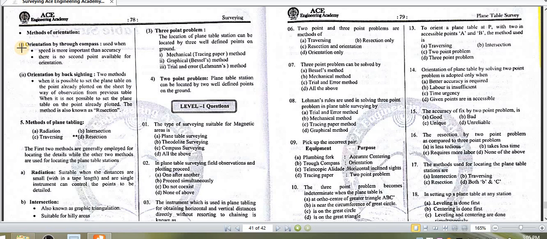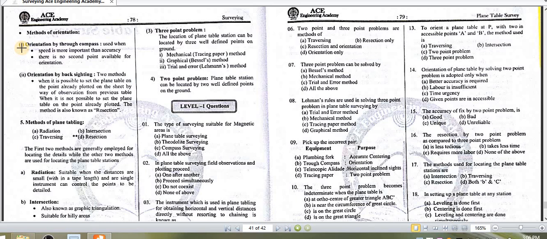Whatever direction your trough compass is showing will not be the true representation of your north and south. So for that you will have to use the second method, that is orientation by backsighting. This is a very useful method.